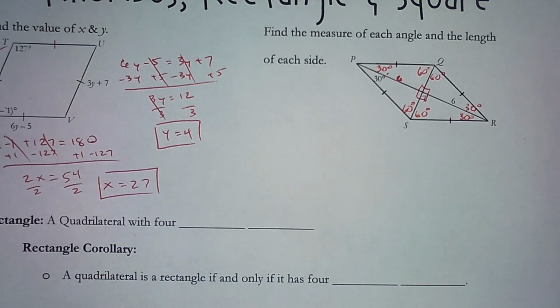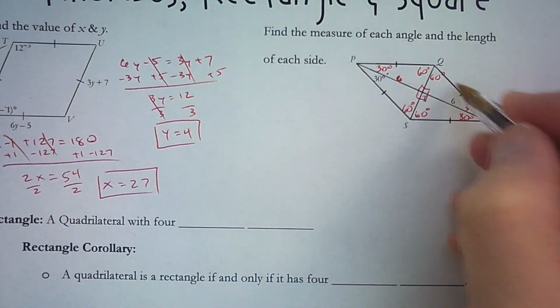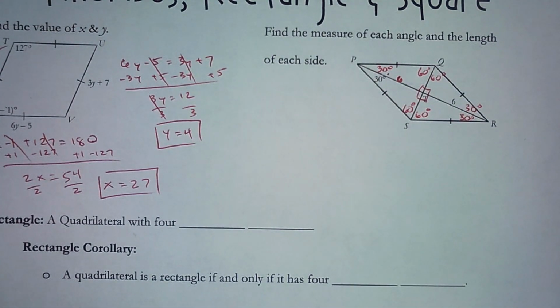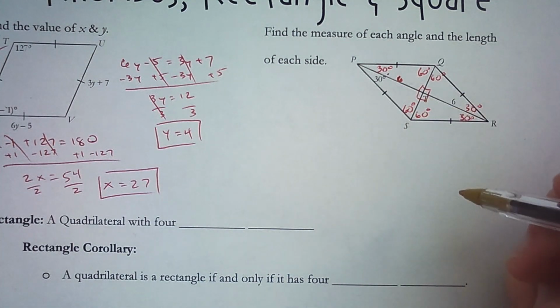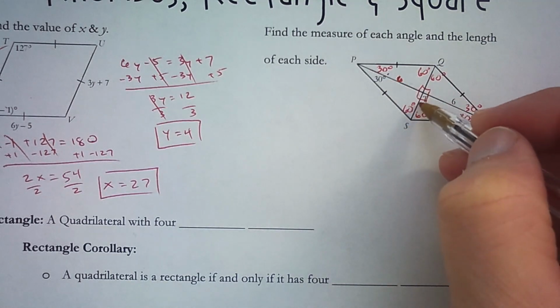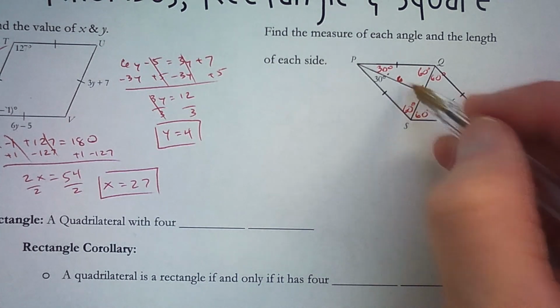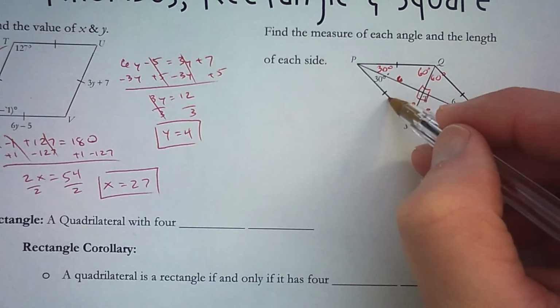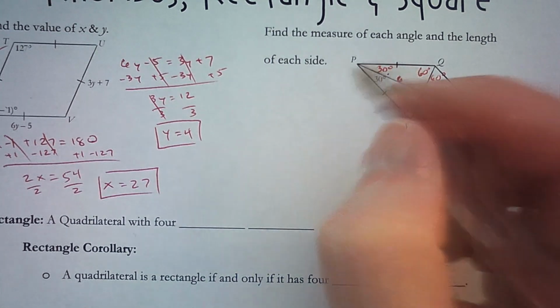What I'm missing is some segment lengths. I'm missing these 2 segment lengths and all 4 side lengths. So I'm looking at 4 30, 60, 90 triangles. And in a 30, 60, 90, the smallest side is to 1, as the longer leg is to the square root of 3. So I've got 1, 2, square root of 3. So 1 and square root of 3.